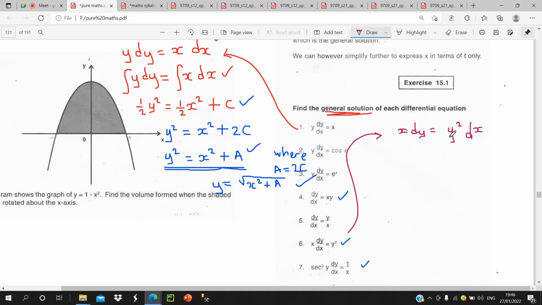So what we need to do, we have to take this y to this side and we have to take this x to this side. So we have x dy is equal to y squared dx.